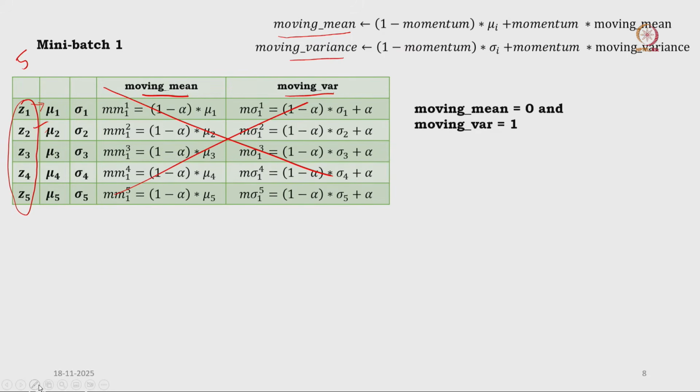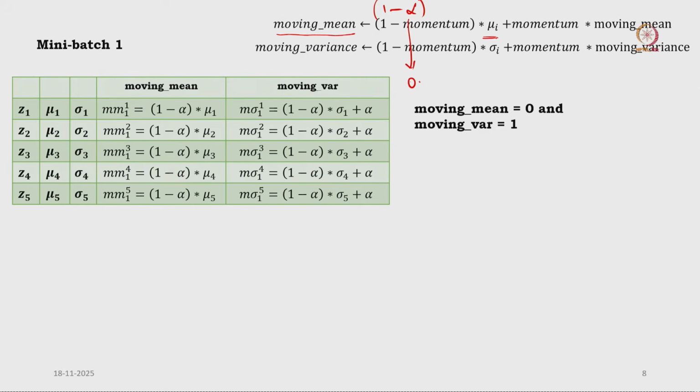What is the formula to calculate moving mean and moving variance? This is the formula. 1 minus momentum is one constant term that you will be adding, and that constant term usually will be a value closer to 1, and this mean will be this mu 1, plus you have a momentum term alpha, then there is an initial moving mean.